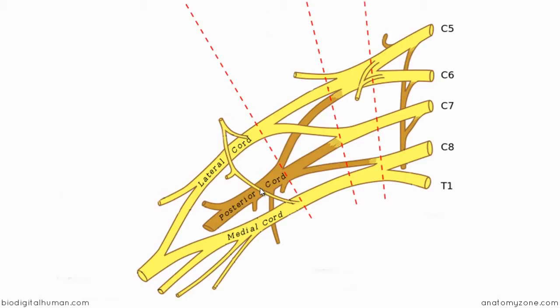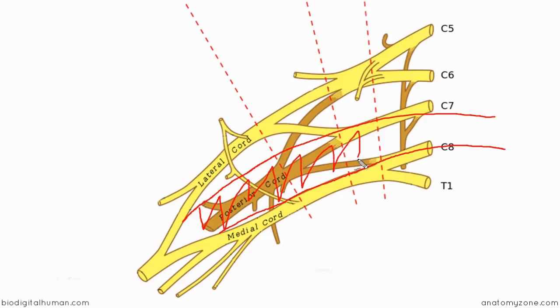So let's draw on the axillary artery. The axillary artery lies like this. I'm just roughly drawing it on, and then it goes up to form the subclavian. The posterior cord is shown in brown because it lies behind the lateral and the medial cord, so posteriorly.